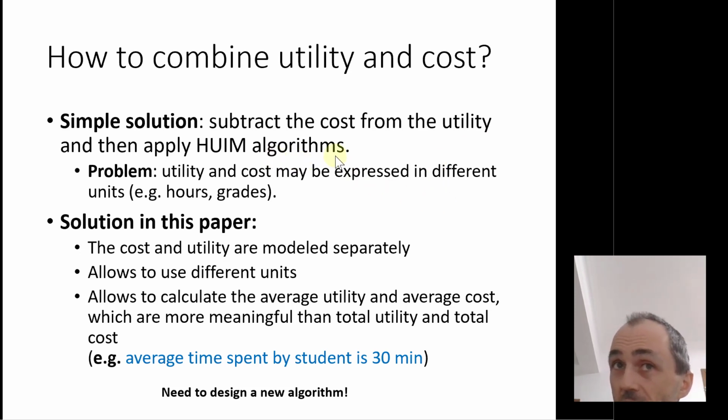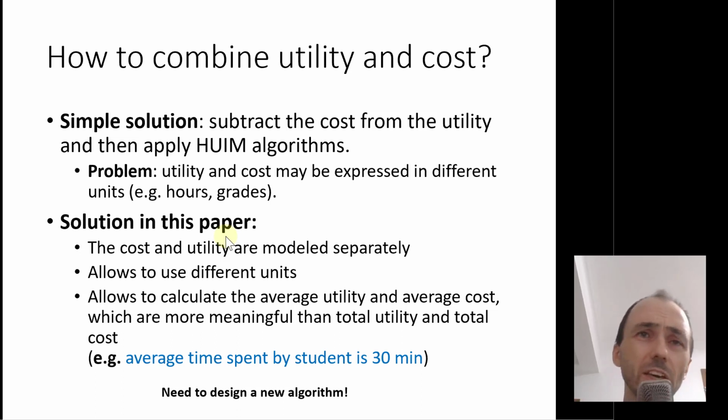So that will be easy. But there's a problem. The utility and cost often might be expressed using different units. Like the utility could be the money, and the cost could be the hours or other things. So maybe it does not make sense to subtract the cost from the utility.